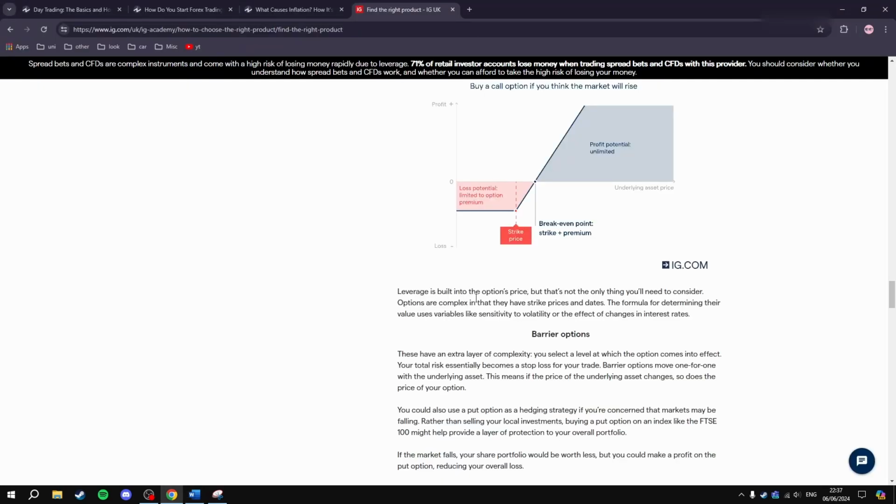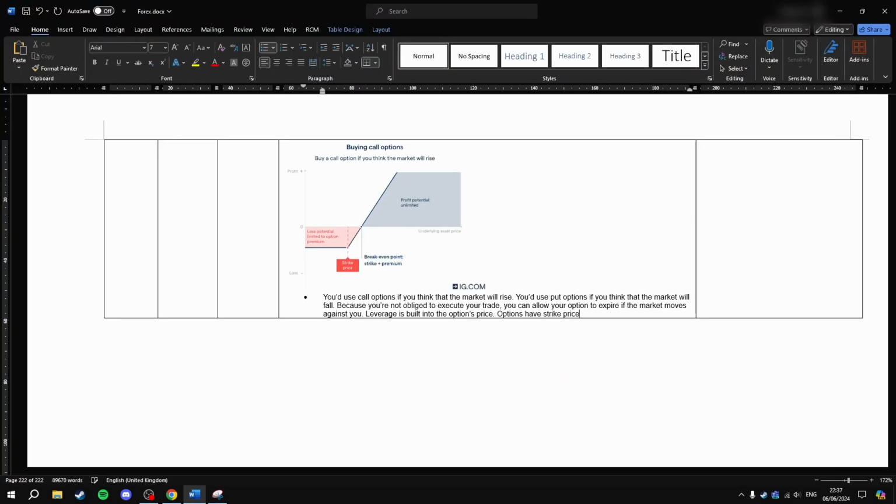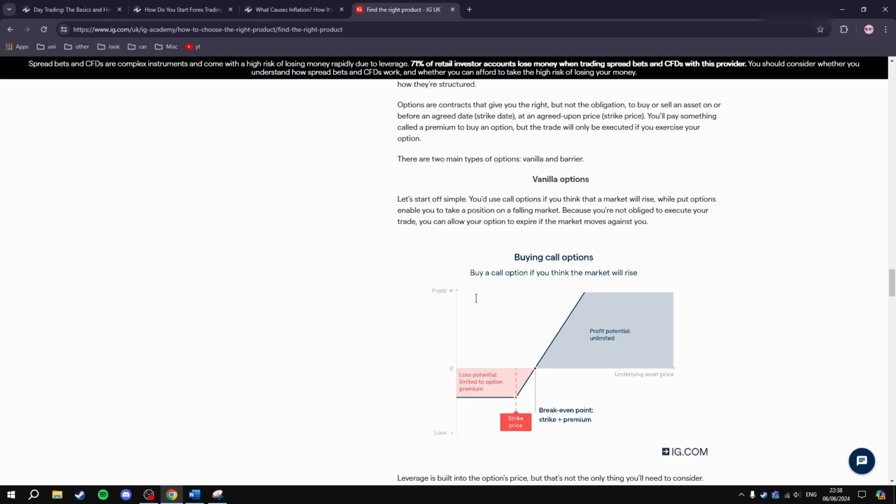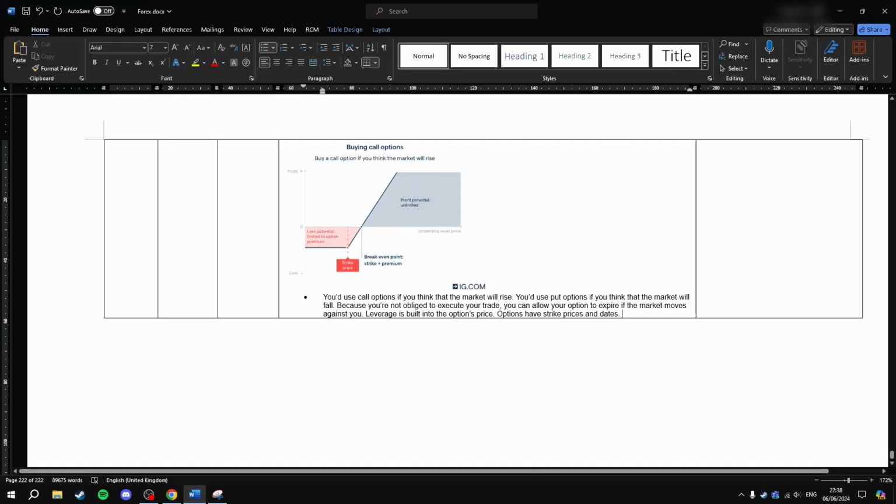Strike price is the agreed upon price, and then an agreed upon date.